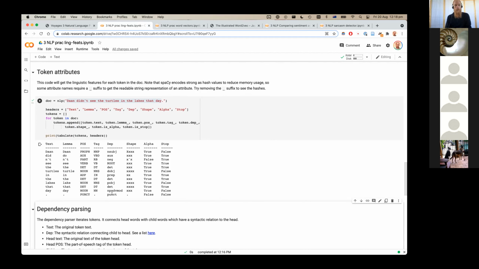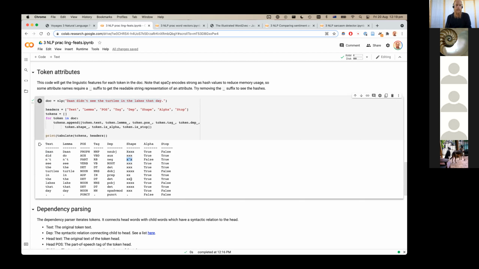The dep column is the dependency modification, and when we do the dependency parsing in a moment, we'll see those being used. We see shape information about the tokens, which is kind of cool. It relates to the capitalization or the punctuation shape of the word.